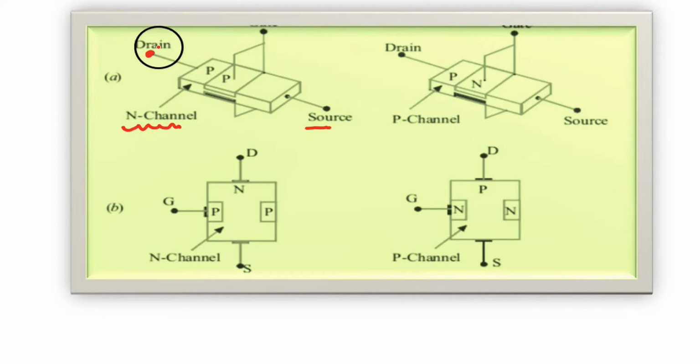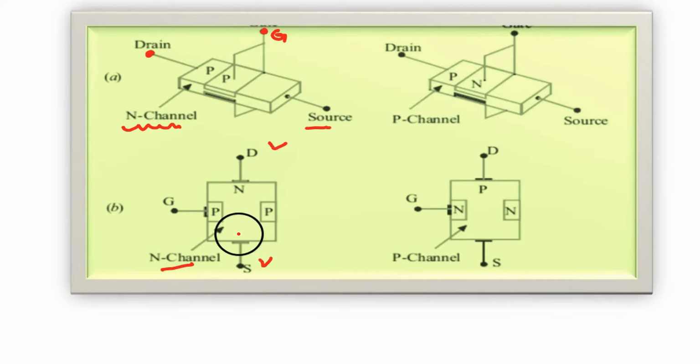Gate is of P-type, and the connection is here for the gate. Again, the view is shown here, like this is the N-channel FET, this is the source terminal, drain terminal, and the gate.